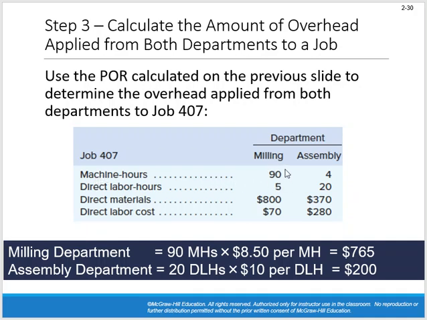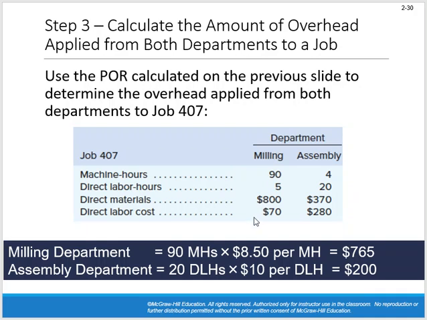And look, they use a lot of machine hours, so they must believe that's what's driving their costs. But the assembly department opted to use direct labor hours, so it looks like that's a little more labor intensive. So they chose that to be their cost driver because they believe that is what's causing manufacturing overhead to be incurred.